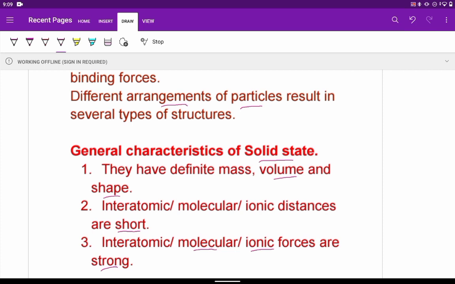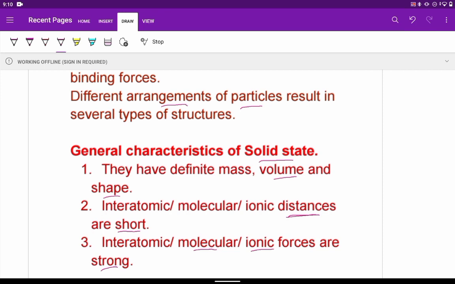So what is less? The distances between the particles are less. Please take care students. The gap between the particles is very less. There is no space. Intermolecular space, interionic space or interatomic space is very less.